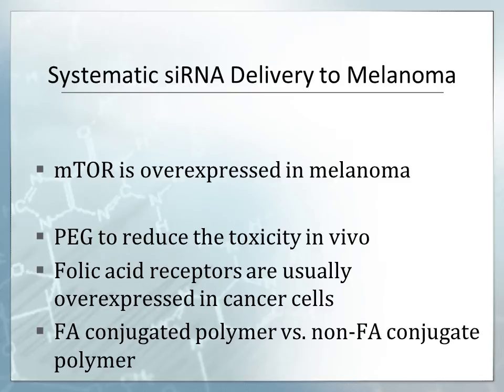We conjugate PEG to the PEI for reducing toxicity in vivo, and then we attach the folic acid to the polymer because folic acid receptors are usually overexpressed in cancer cells. And we also compared the FA conjugated polymer versus the non-FA conjugated polymer.